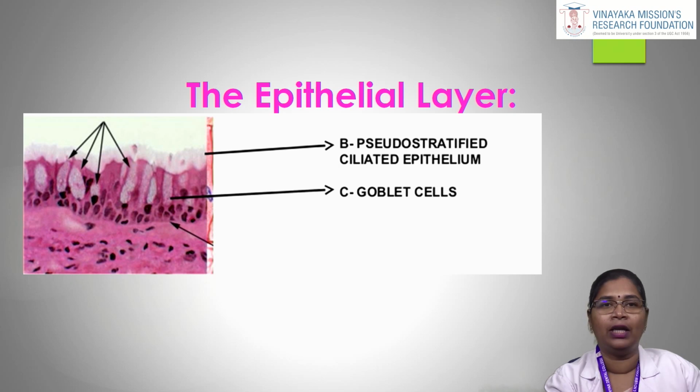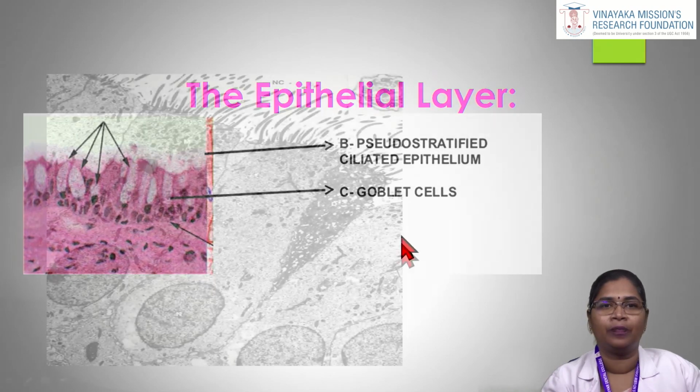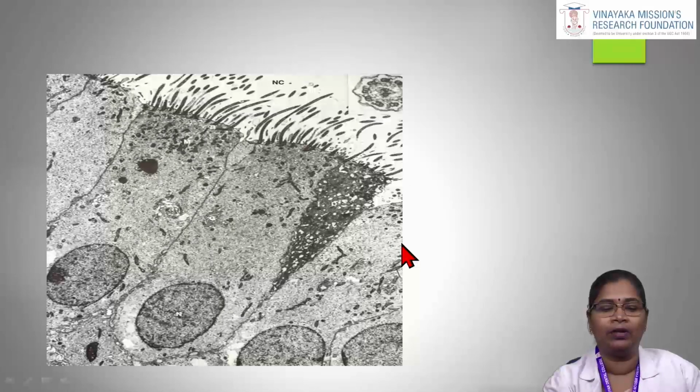This is well described at the electron microscopic level. This part is the nucleus and an electron-lucent cytoplasm containing numerous mitochondria, enzyme containing organelles and basal bodies. They serve to attach the ciliary microtubules to the apical cell membrane.